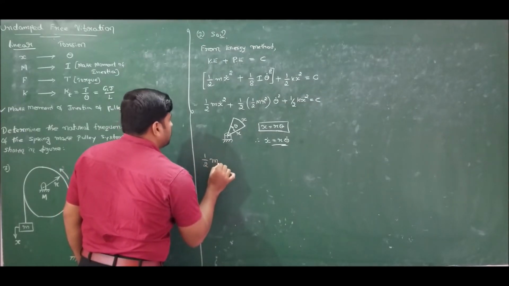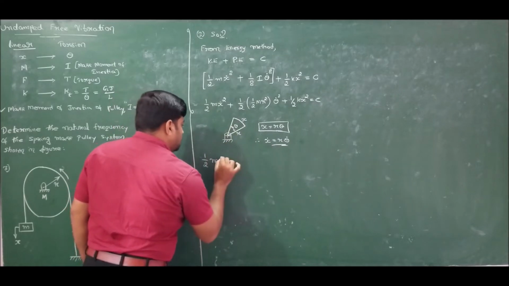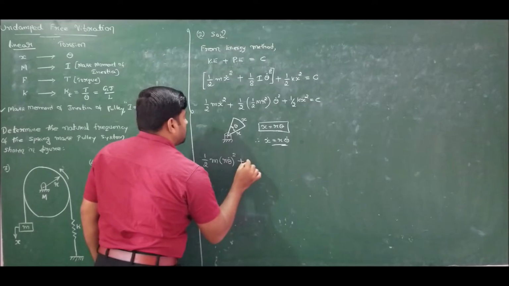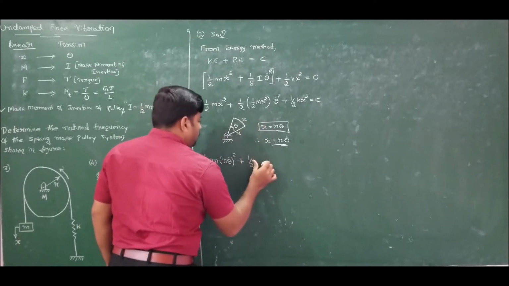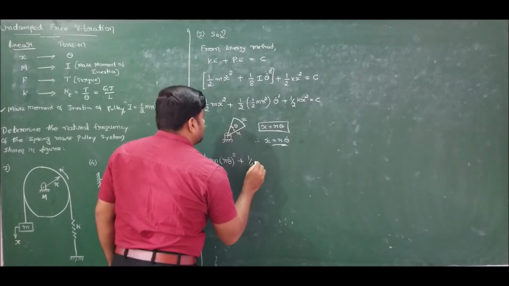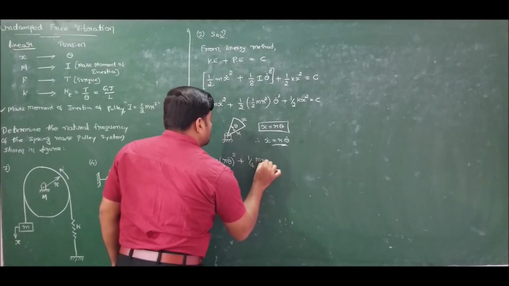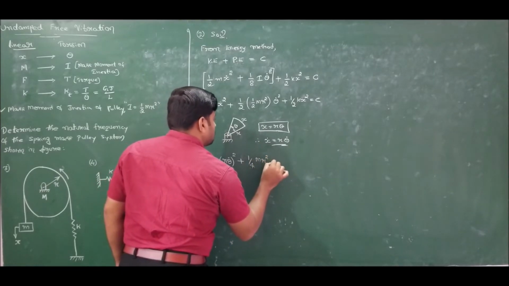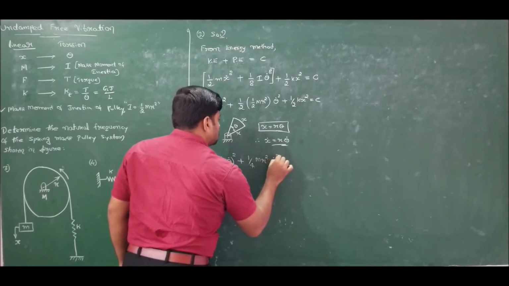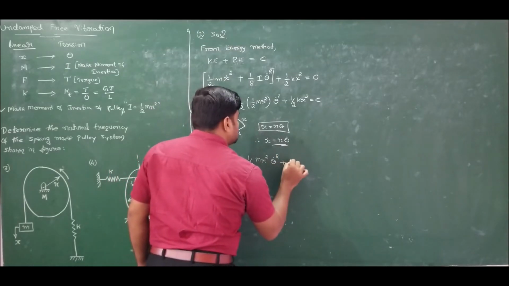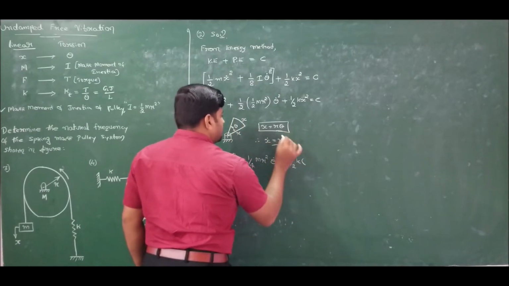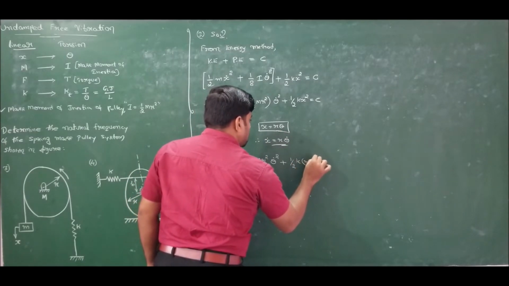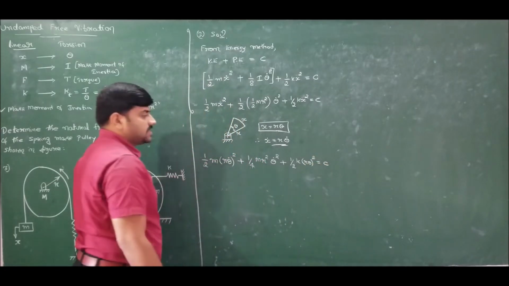It is half m, for x dot I should use r theta dot whole square, plus half, 2 2s are 4, so this should be one-fourth m r square theta dot square, plus half k times the value of x, which is r theta, so it is r theta square, which is equal to constant.